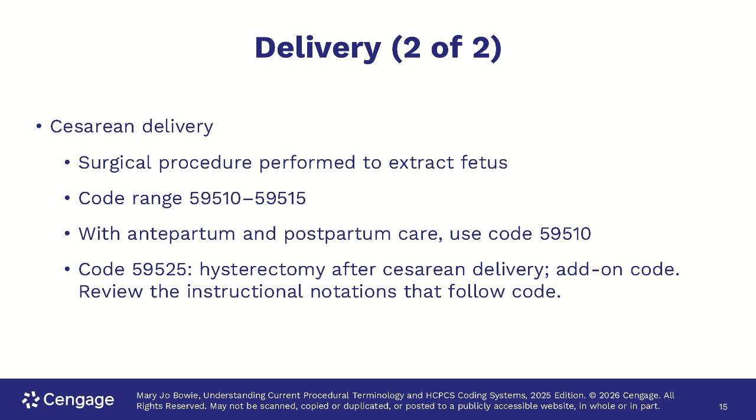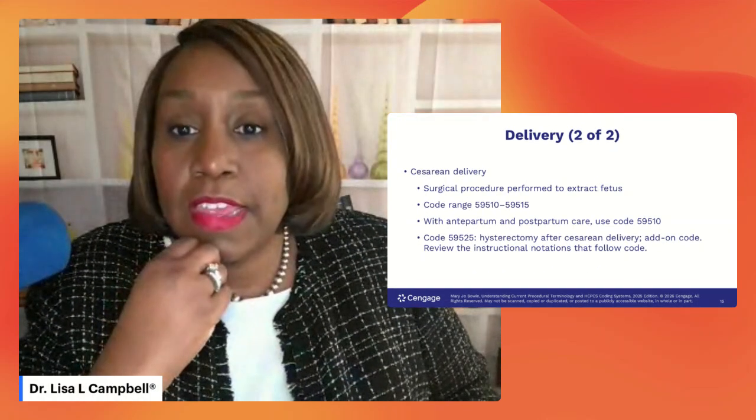But wait, there's more. We also have codes for vaginal birth after cesarean that is unsuccessful. This is when they attempt to do the vaginal delivery, but they can't.